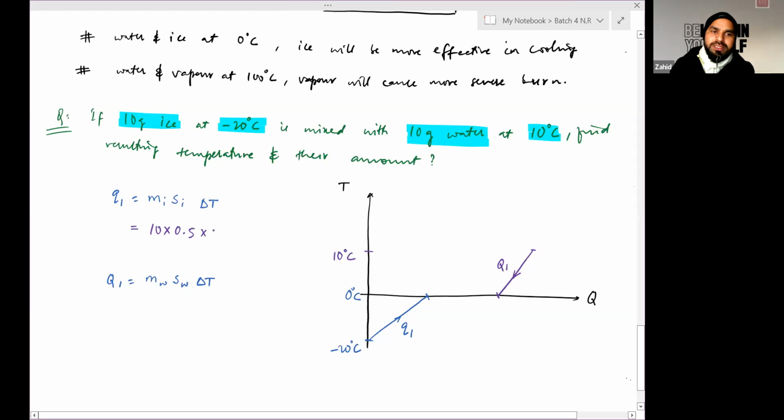And change in temperature is 20: final temperature minus initial, 0 minus minus 20, it will be plus 20.